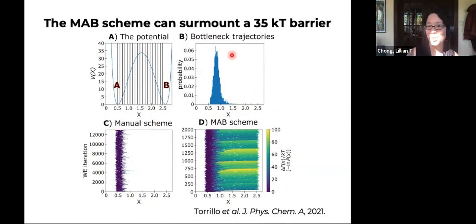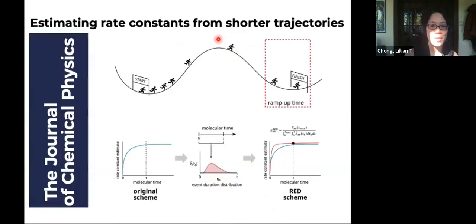Another advance that we've made is a scheme for estimating rate constants from shorter trajectories. And this made the cover of the Journal of Chemical Physics recently. Normally when we estimate a rate constant, there's this transient region for the rate constant as a function of time for the simulation.